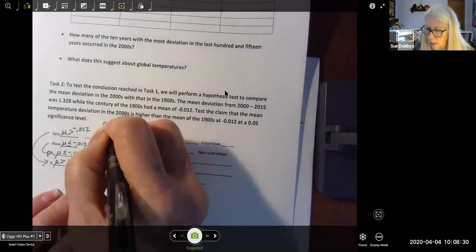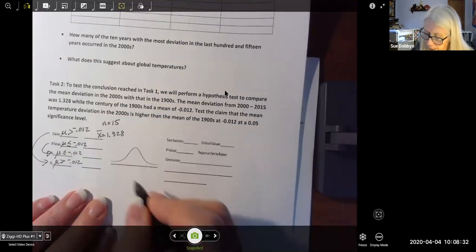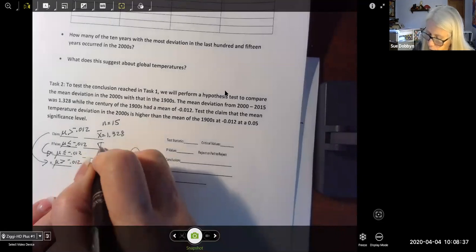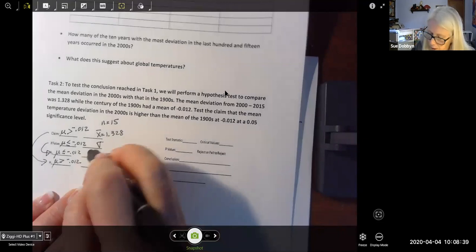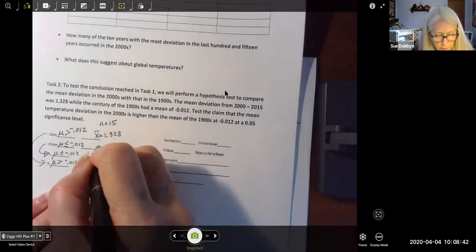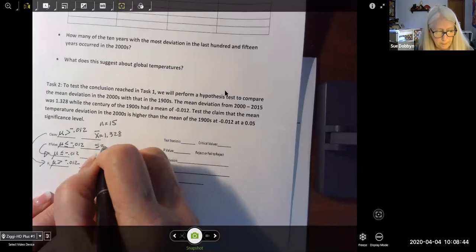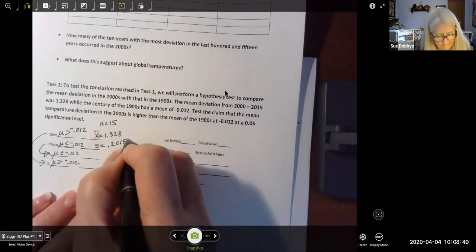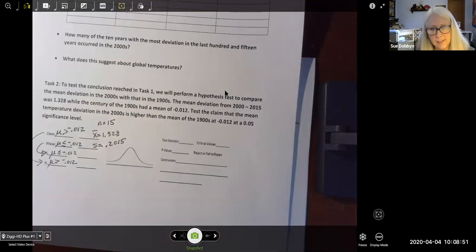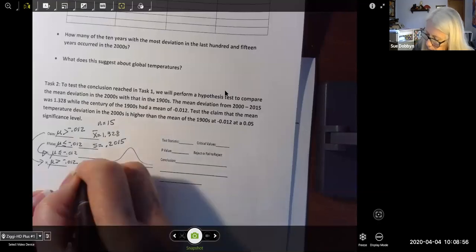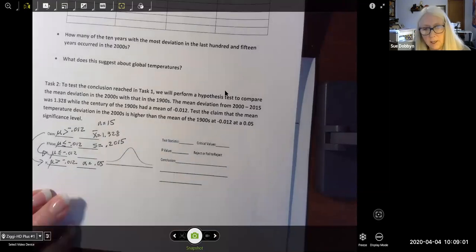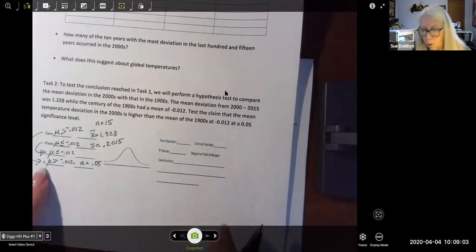Standard deviation, I'm going to give it to you like this, should be considered to be 0.2015. Okay, and the alpha level is 0.05. Now this is a right-tailed test, right? Because the alternative hypothesis is greater than.